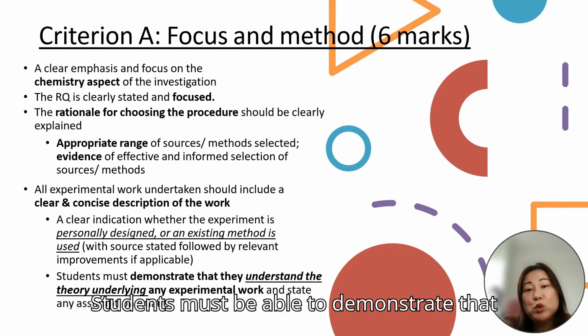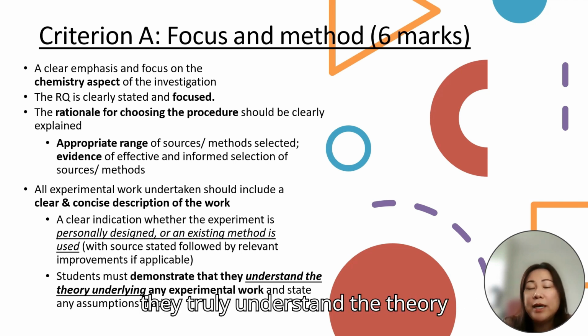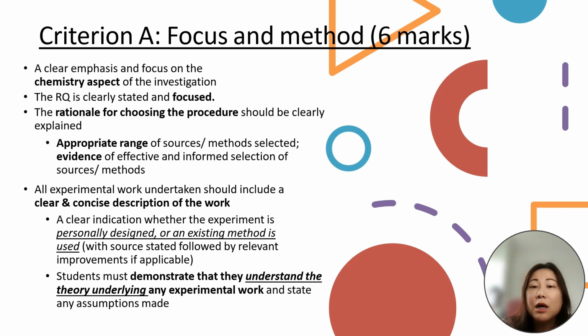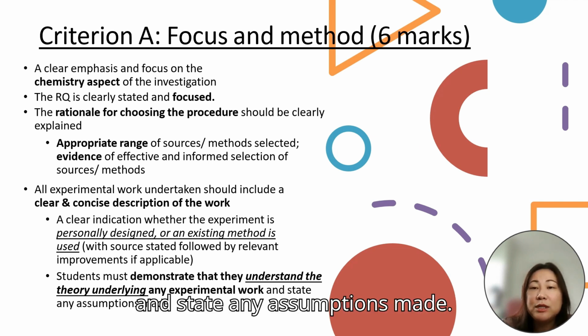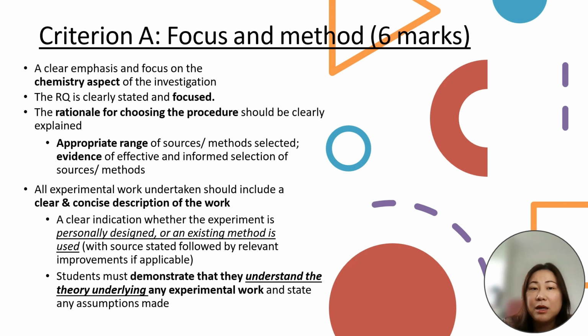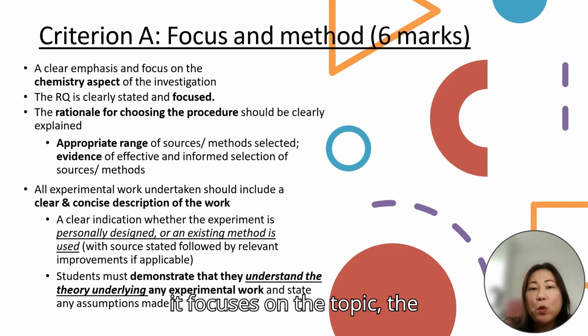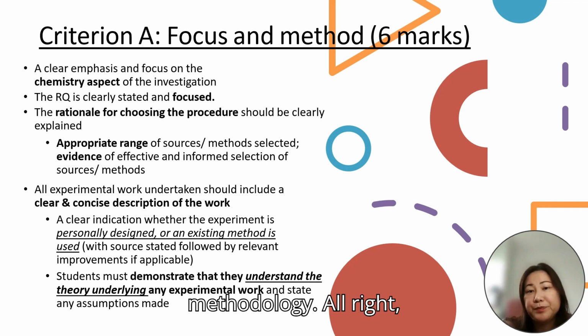Students must be able to demonstrate that they truly understand the theory underlying their experimental work and state any assumptions made. So overall, criterion A focuses on the topic, the research question, and the methodology.